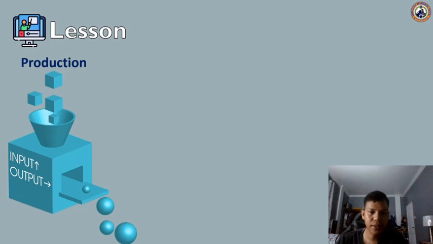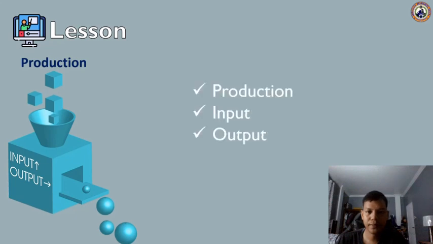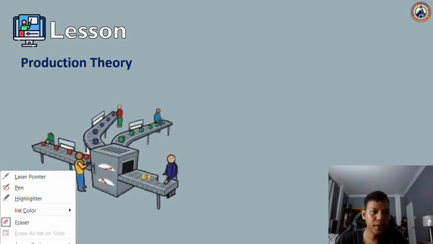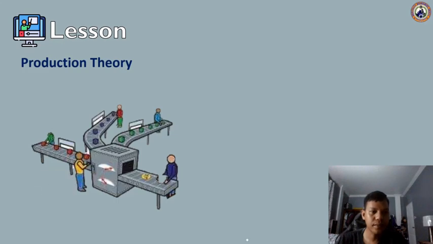Now let's proceed to the next slide. We will talk about the production theory. In economics, the term production theory explains the principle by which a business has to make decisions on how much of each commodity it sells, how much it produces, and how much raw materials, that is fixed capital, and labor it employs.